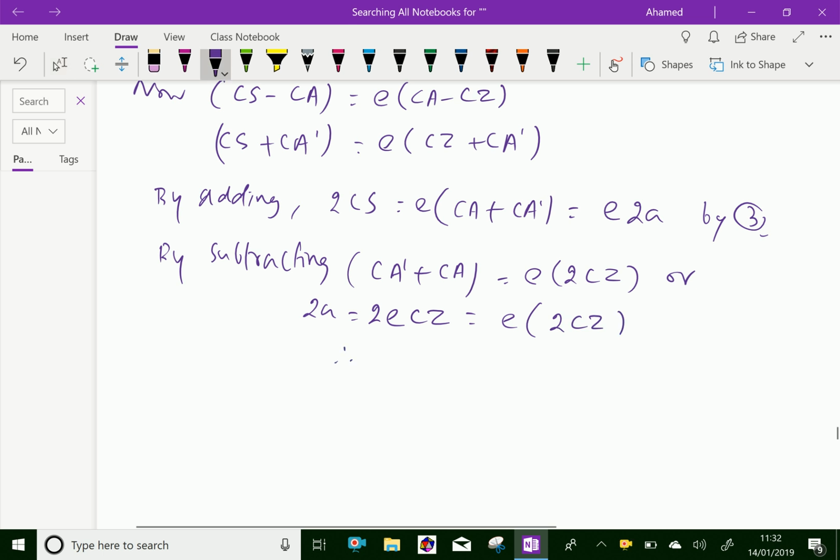Therefore, from this you can get CZ equals a over e. Let it be 5.